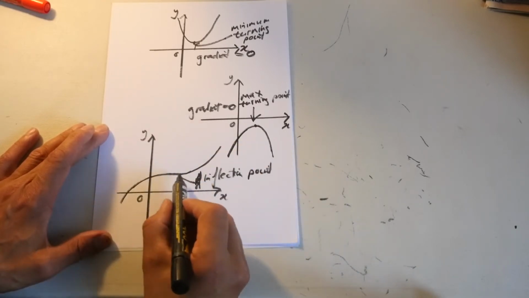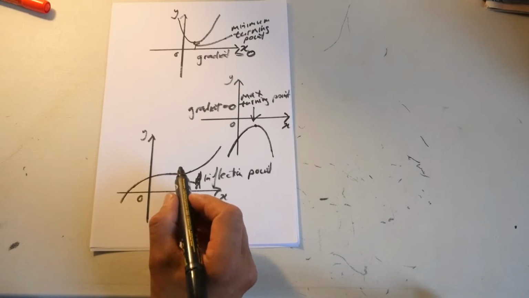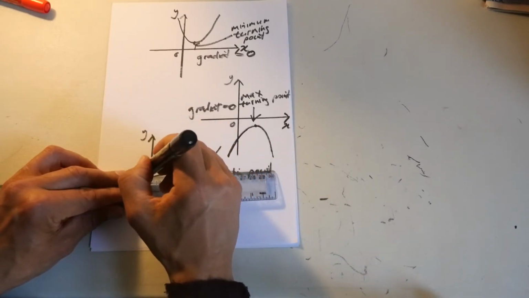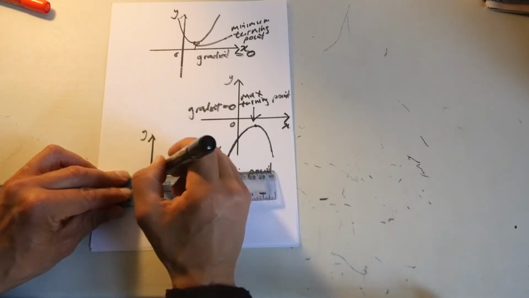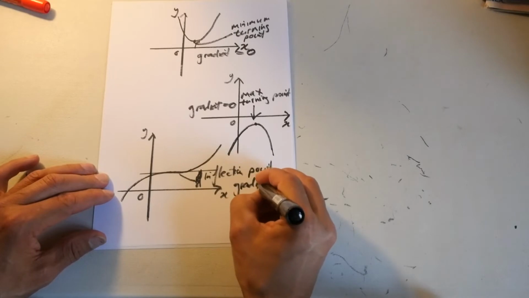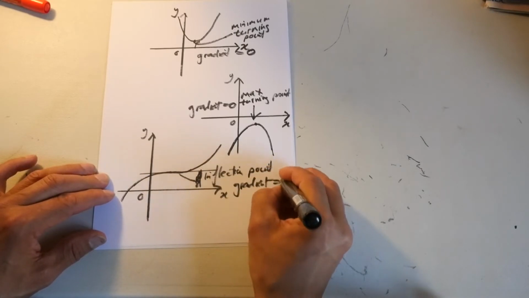Okay, where the gradient to that point, you could draw a tangent along there. The gradient equals 0, okay?